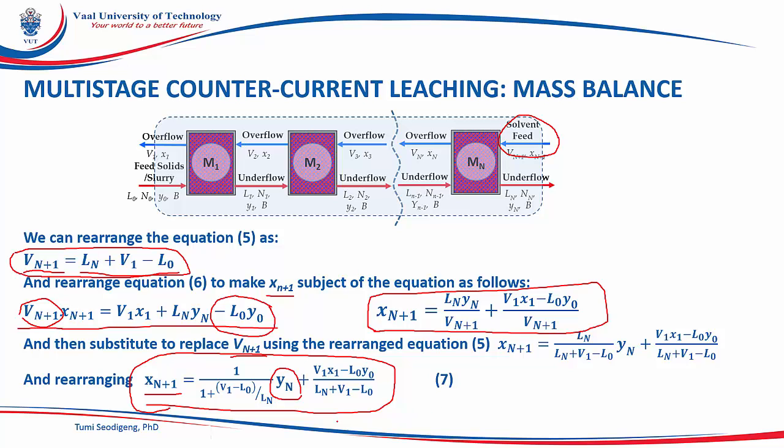It passes through these two nodes here, the node that makes a point x1 and y0, and then the point that makes node xn plus 1 and yn.